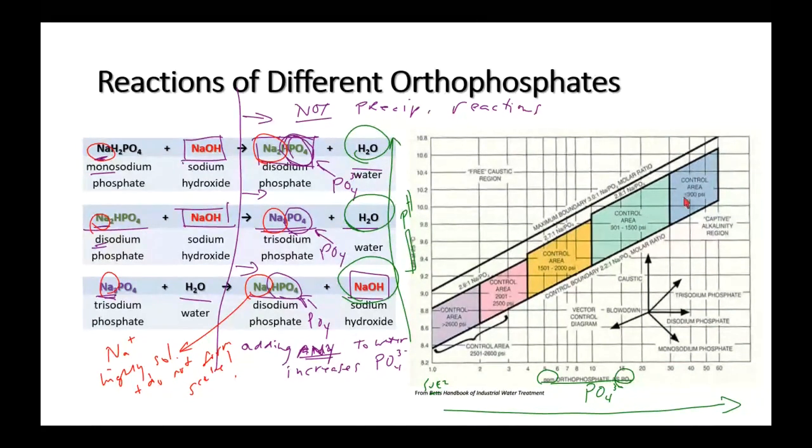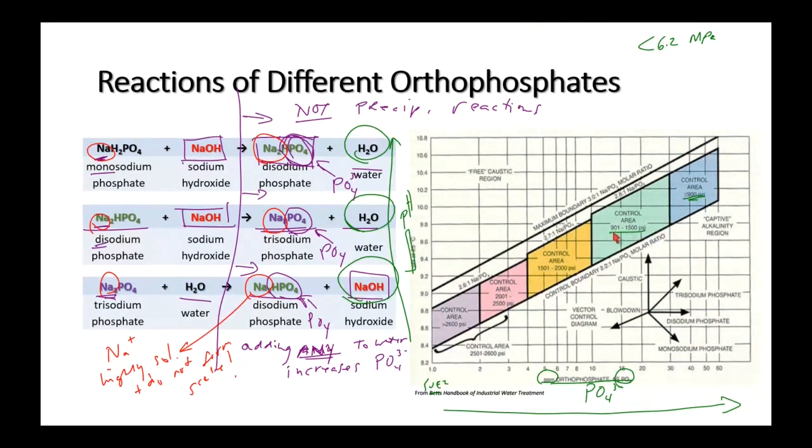So let's say I've got a boiler operating at less than 900 psi, which would be about 6.2 megapascals, somewhere around there. Oh, look at this one here.